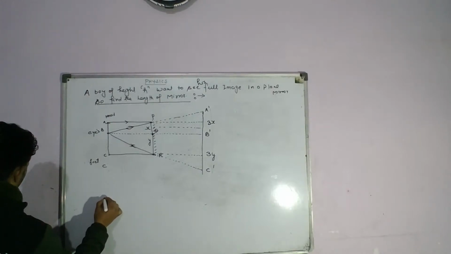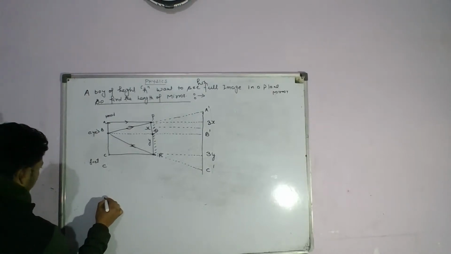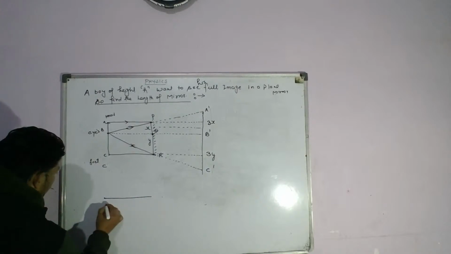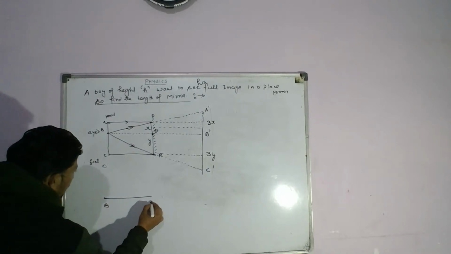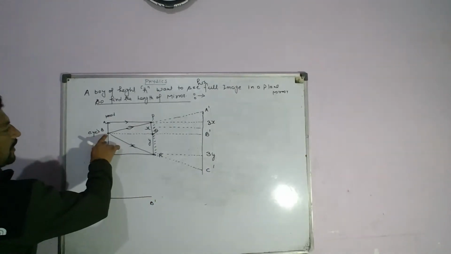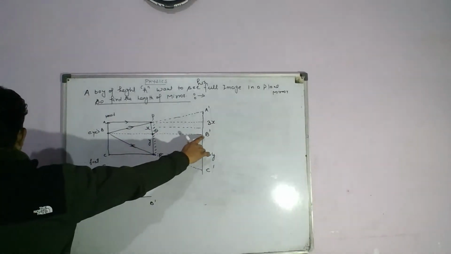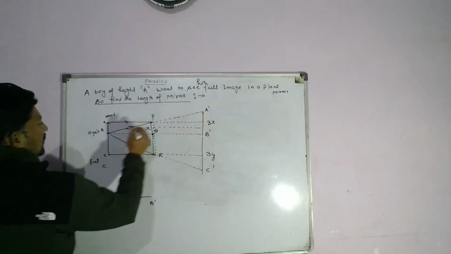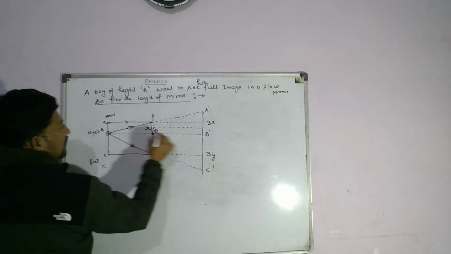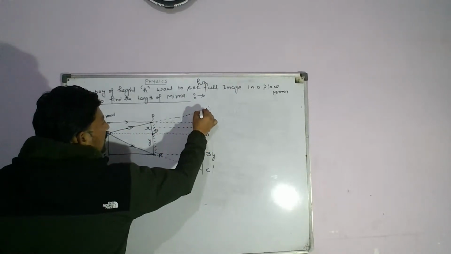We take the triangle with B dash, B, and A dash. Listen carefully.